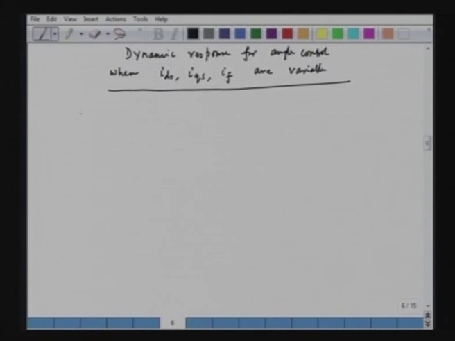We have the field current here, IF, and then we have the D axis stator current, plus and plus. Then due to the change of these two currents, we will have IKD.